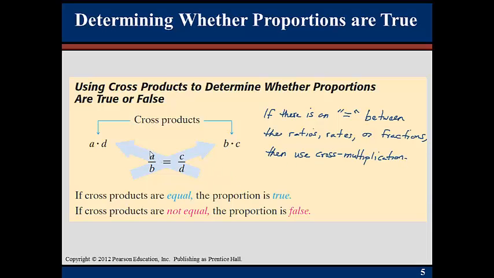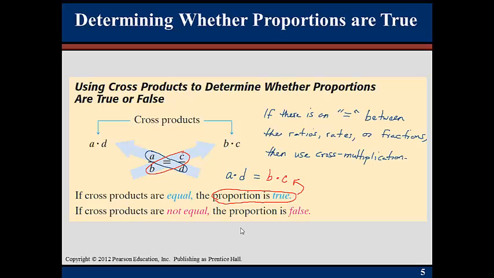Now when we cross multiply, you start with the top numerator, and it's going to multiply the opposite denominator. So A times D. And then you keep the equal sign. And then you take the other numerator times its opposite denominator, C times B or B times C. If the left side equals the right side, we say the proportion is true, as is written here.